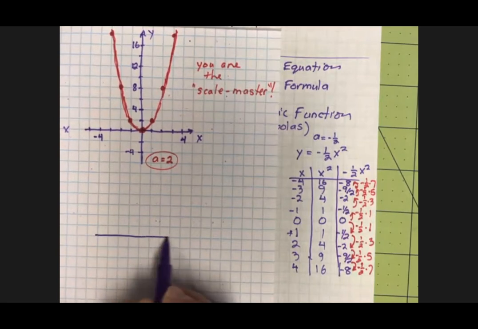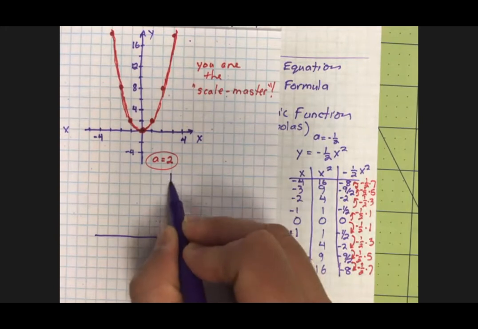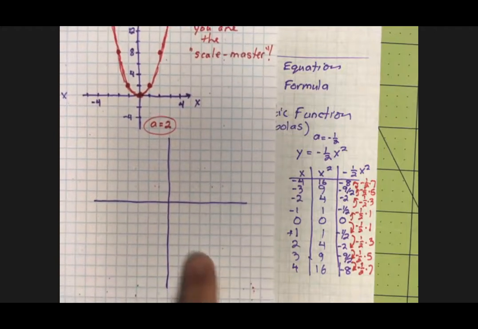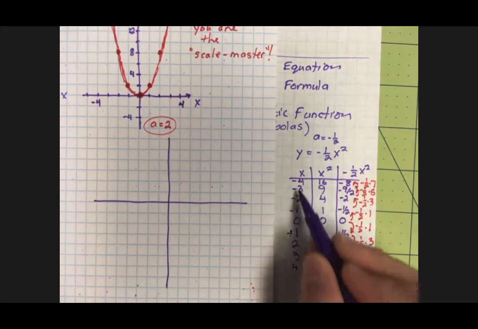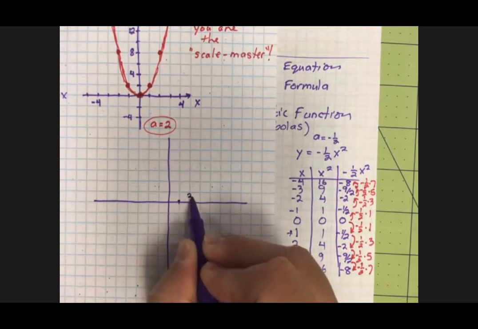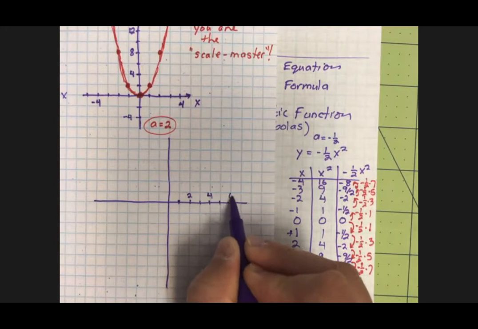So here's an x-axis, and all the action in this parabola is going to be below the x-axis. So I make sure and leave myself plenty of space down here. Now I can still draw the points from -4 to 4. I can still mark the scale on the x-axis as I did previously.